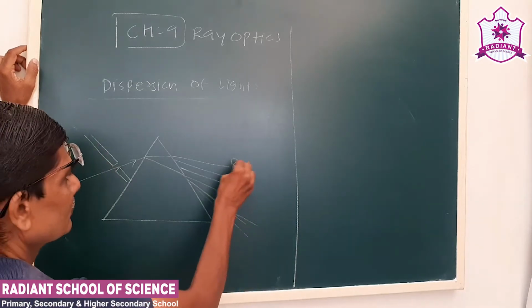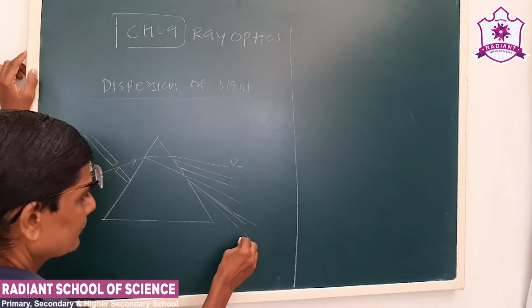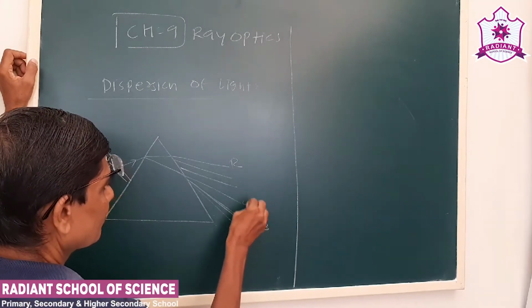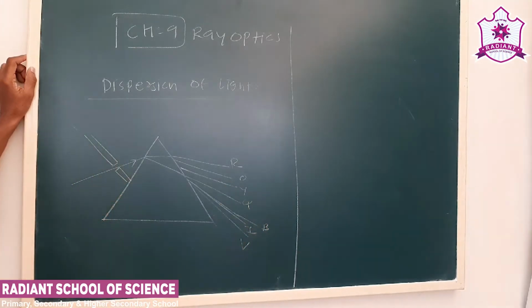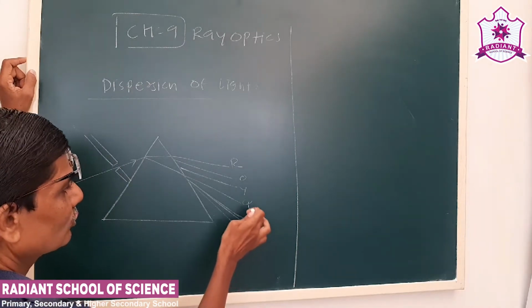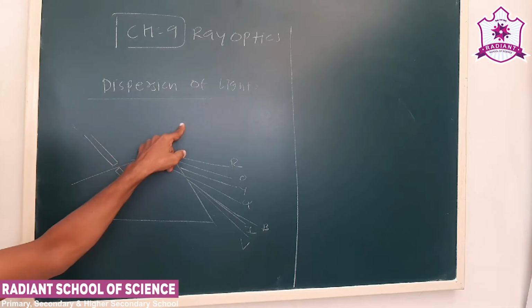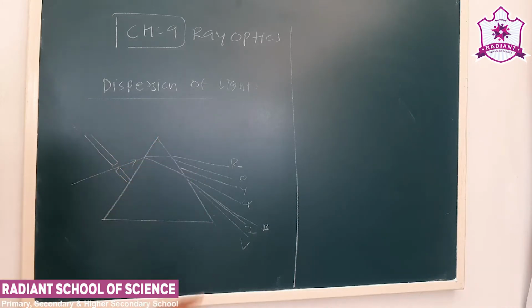We know the order: violet, indigo, blue, green, yellow, orange and red. So red is at the top and violet is at the bottom.